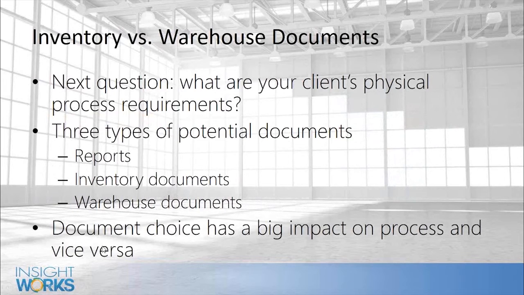Whereas warehouse documents give me a two-stage environment, where I pick, and then I can leave the product in the staging area and somebody else takes it and actually does the shipment. So the warehouse documents are two-stage, inventory documents are typically single-stage, and that has a big impact on how people actually work in the warehouse.